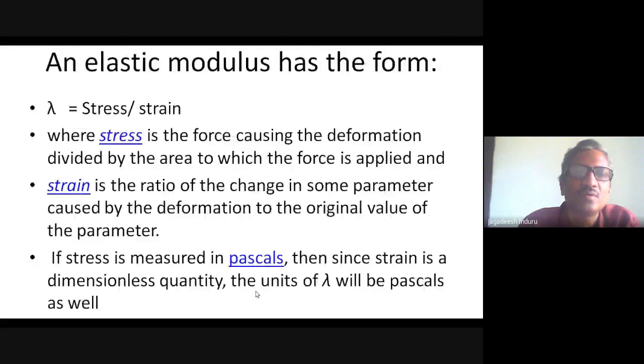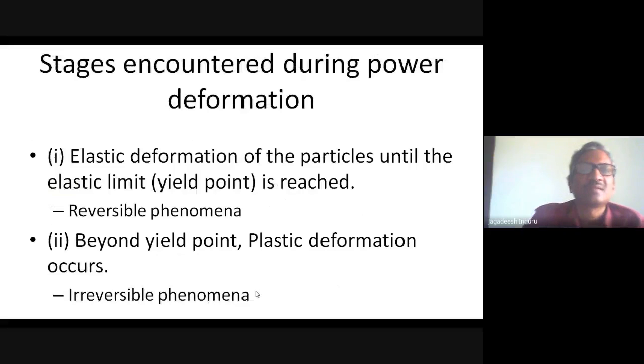So now we will have the two stages which are uncovered during this powder deformation. The first stage is called elastic deformation. The second stage, beyond the yield point, is called plastic deformation. And we know that the elastic deformation has some yield point.